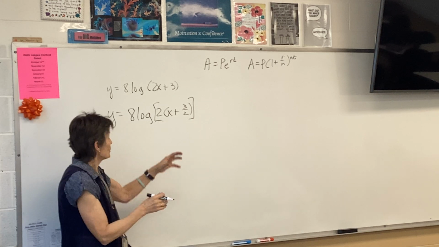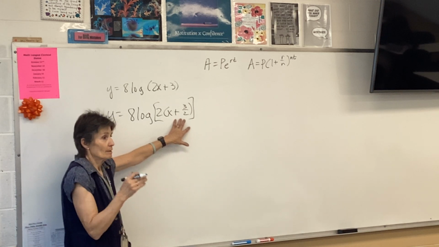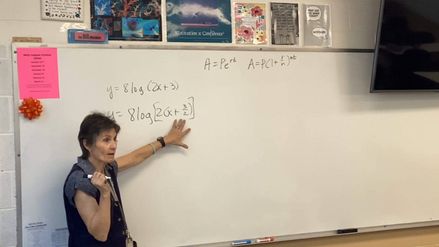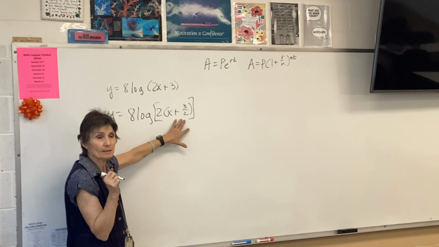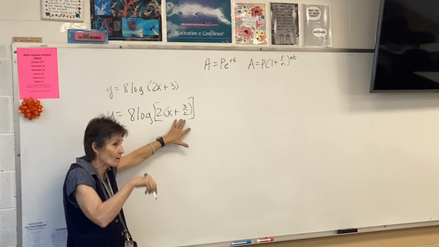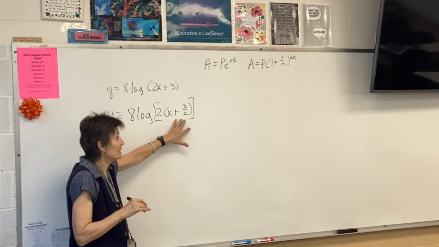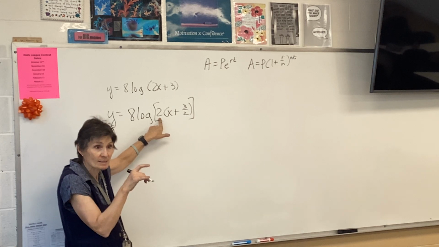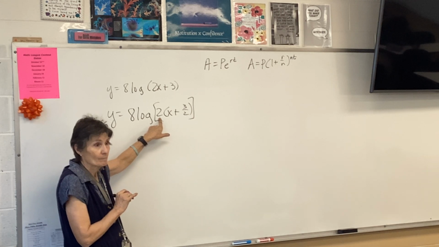You have moved the whole thing halves to the left. And if you were plotting points, which we aren't, like we don't have a T-chart, but if we did, what would that guy do? Divide all the x's by 2.